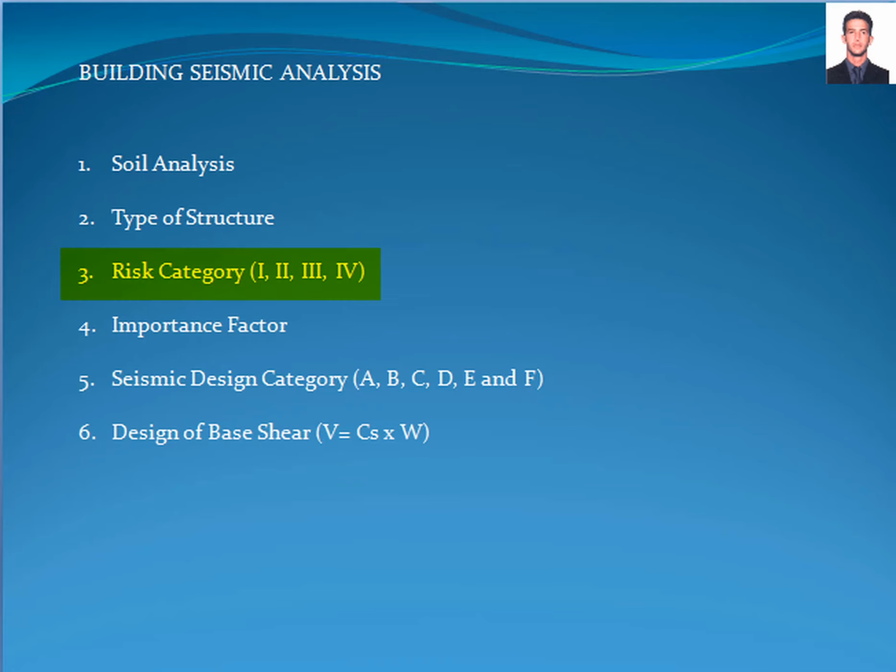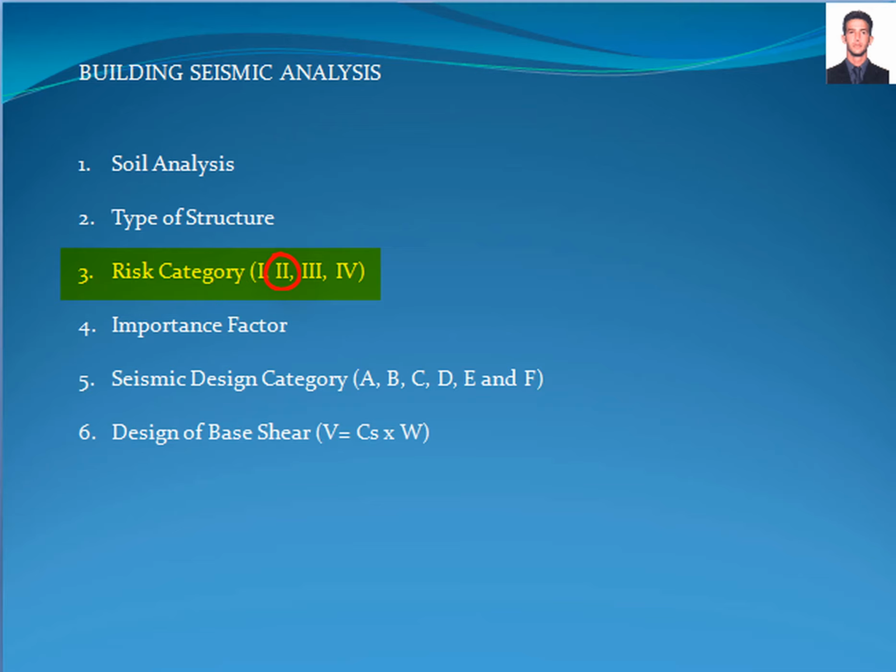Risk category is a classification according to the risk to human life, health, and welfare associated with damage or failure by nature of their use, and should be determined according to Table 1.5-1 of the American Society of Civil Engineers Standard. And there are 4 types of categories. Category 1 is for buildings that represent a low risk for human life, such as agricultural facilities or storage buildings.